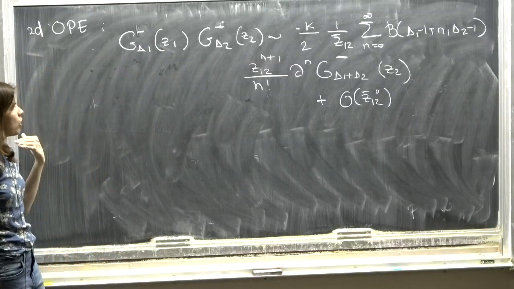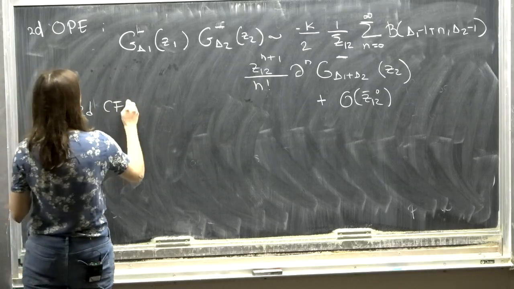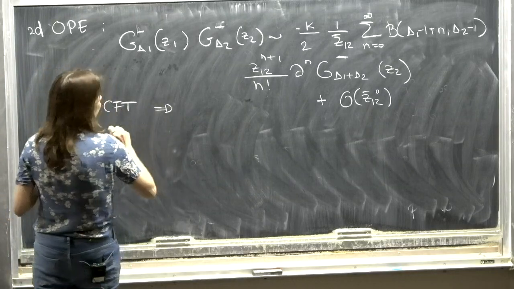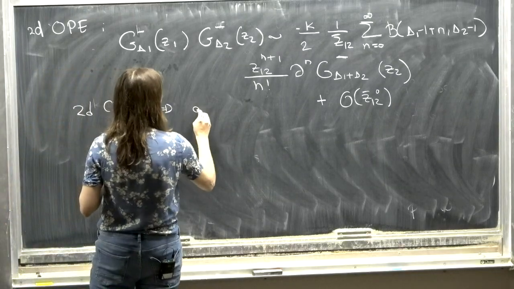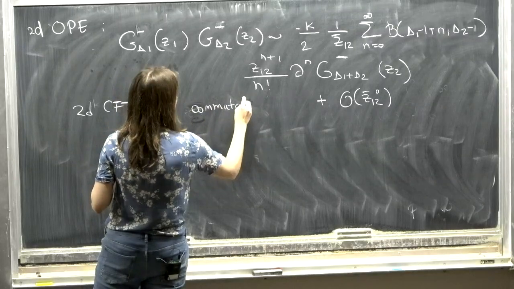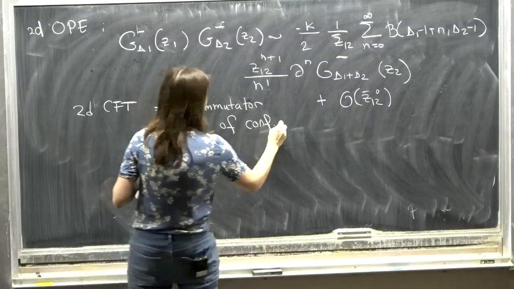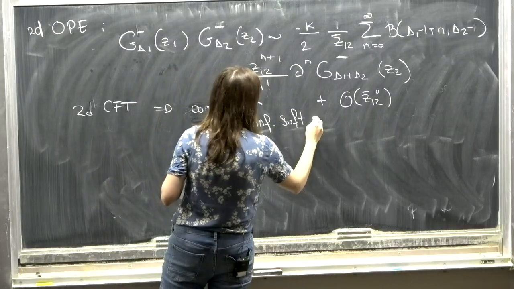And then one can just use 2D CFT techniques to compute the algebra, or the commutator, of these conformally soft modes.